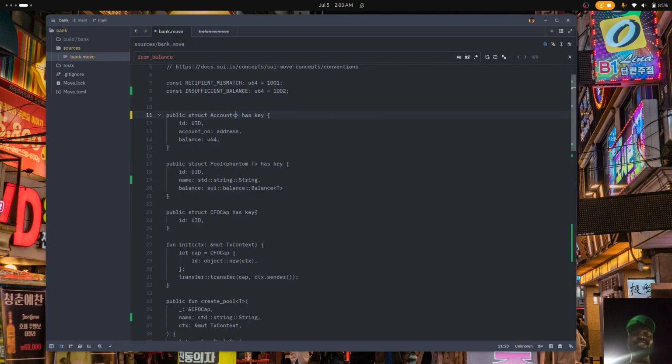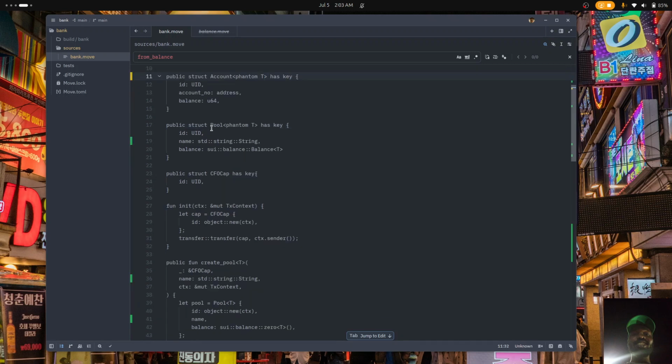Yes, it's going to be a phantom type of T, which tells you that this type doesn't need to be used like an attribute of the struct.